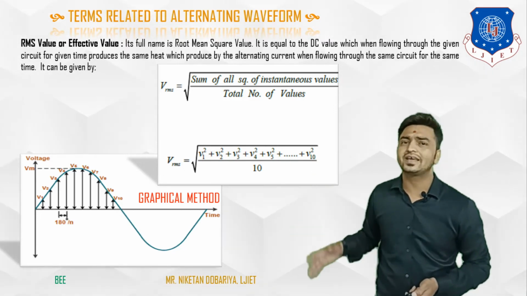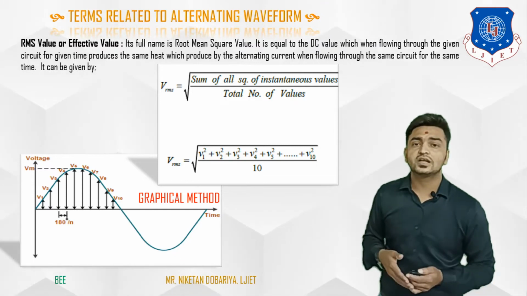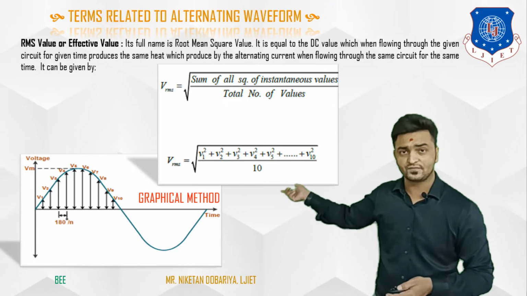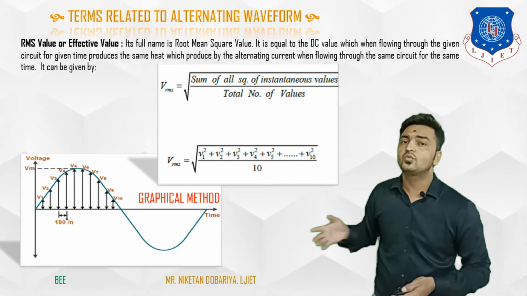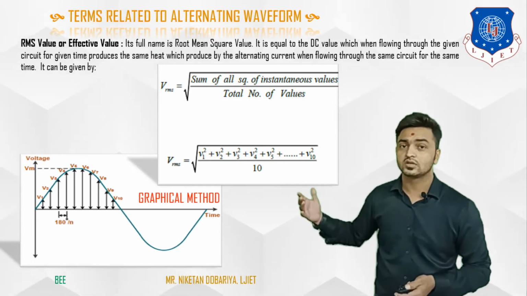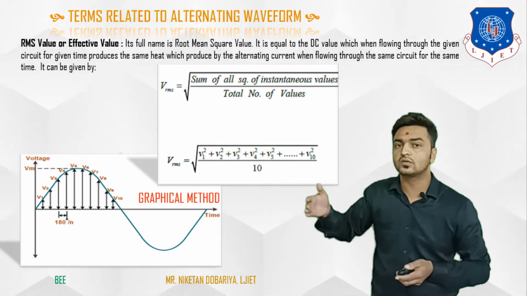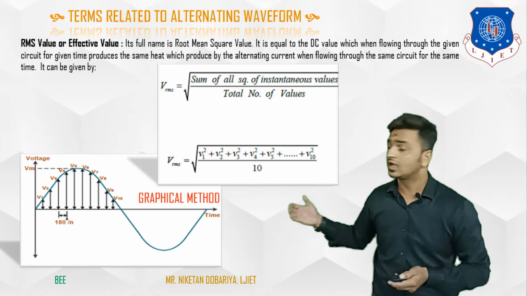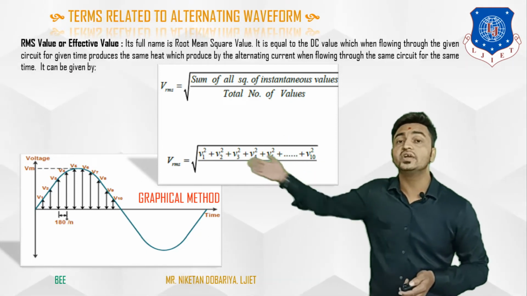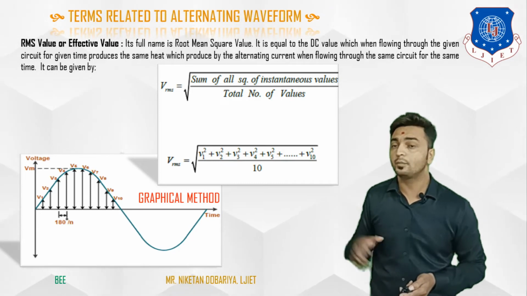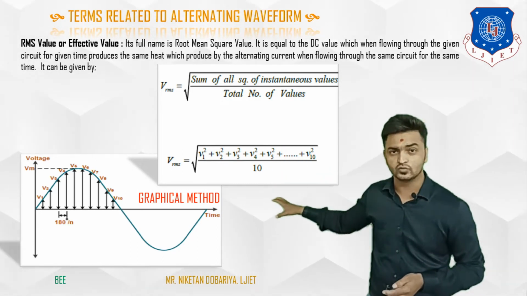And for that, let's consider that we are going to find the RMS value for this positive half cycle. As we did in the previous topic, we consider 10 instantaneous values at the same interval of time, and those are V1, V2, V3 up to V10. We are going to calculate the RMS value based on these instantaneous values.